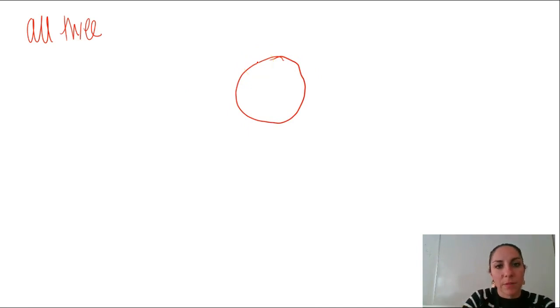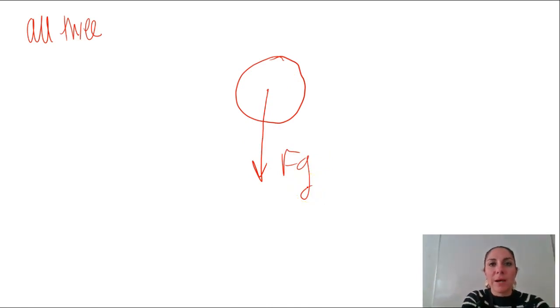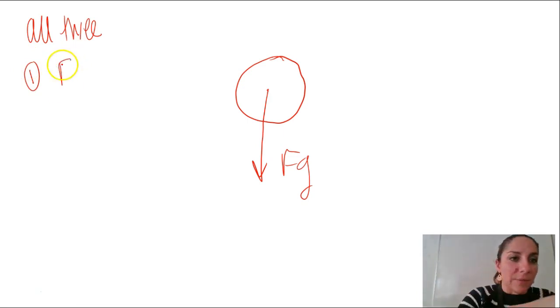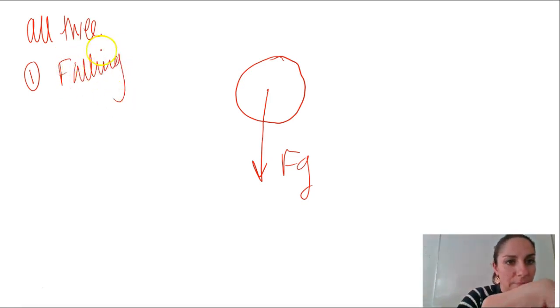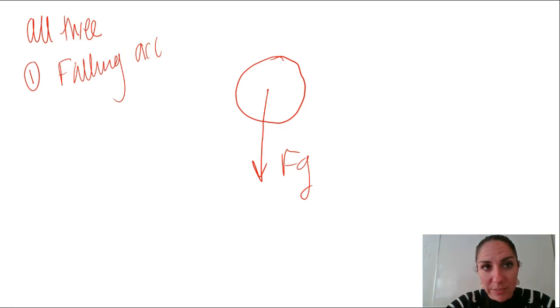When we model fall, it's the force of gravity only. So how does each of the three laws describe what's happening here? Well, the first law says an object in motion will stay in motion unless there's an outside force. So we know a falling object accelerates.